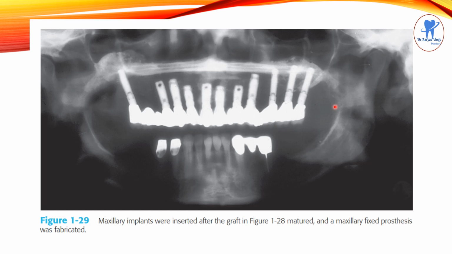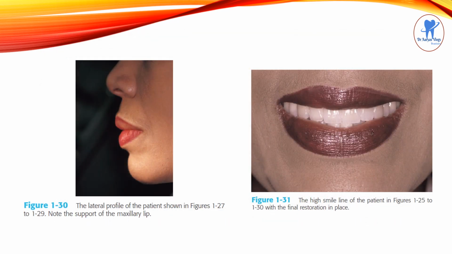And maxillary implants were inserted after the graft and the maxillary fixed prosthesis was fabricated. The lateral profile of the patient is shown in these figures, note the support of the maxillary lip. Here is the high smile line of the patient with the final restoration in place.